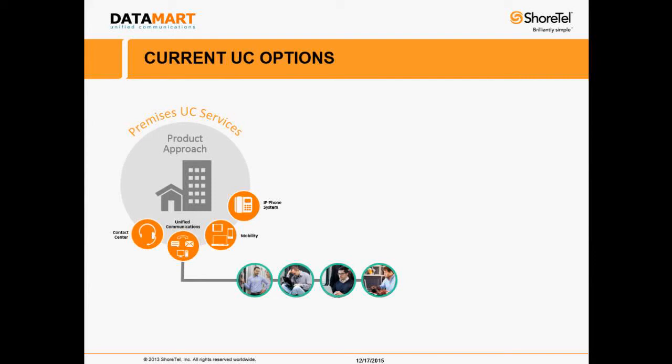So the most prevalent system that has been out there in the last 10 or 20 years is an on-premise UC system, where you have products in your main building and your users access the equipment within your building. There's no cloud involved here. And this would cover all the legacy systems, and it would also cover some newer systems that only exist in your building on premises.